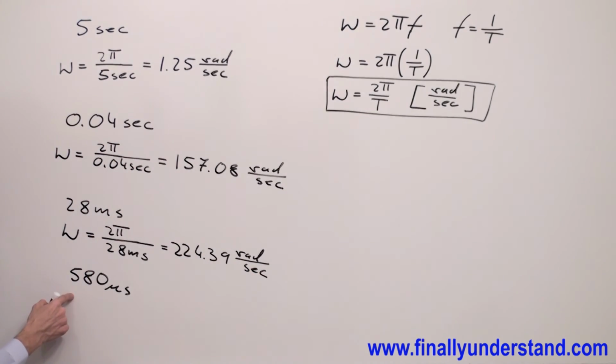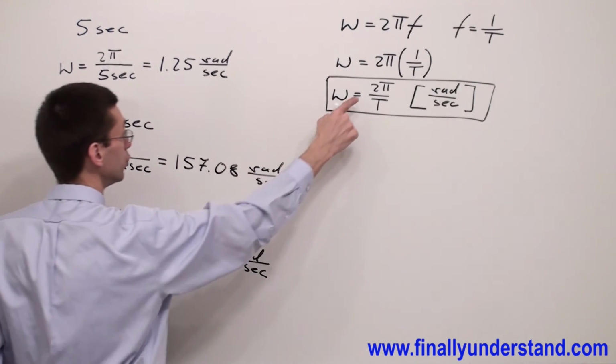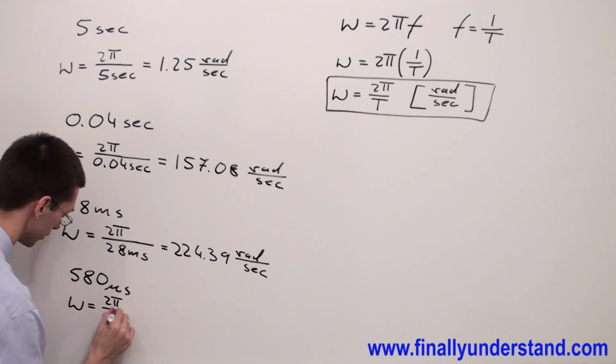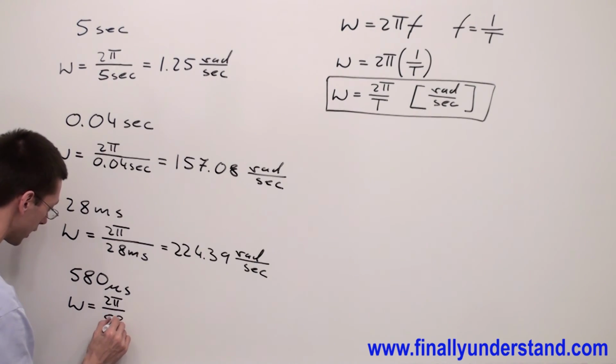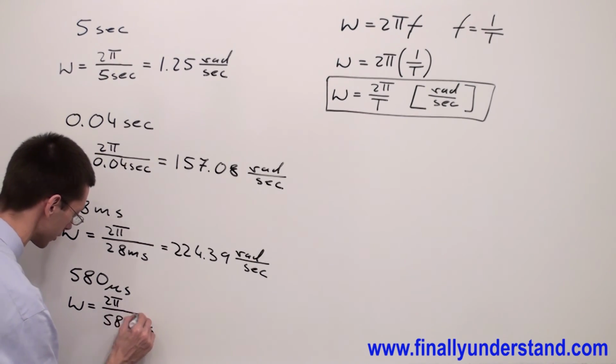Let's take a look at this one. We have omega equals again 2 pi over period. I have 2 pi divided by 580 microseconds.